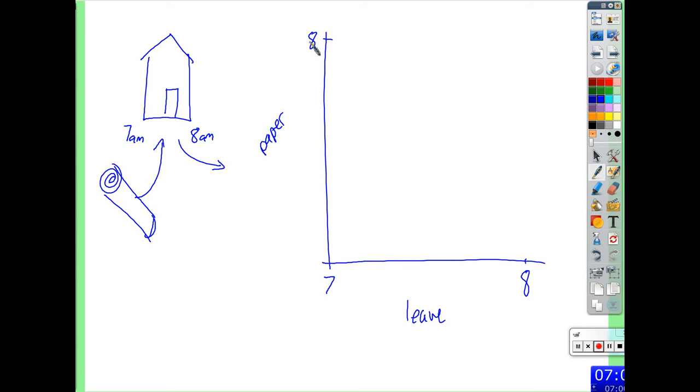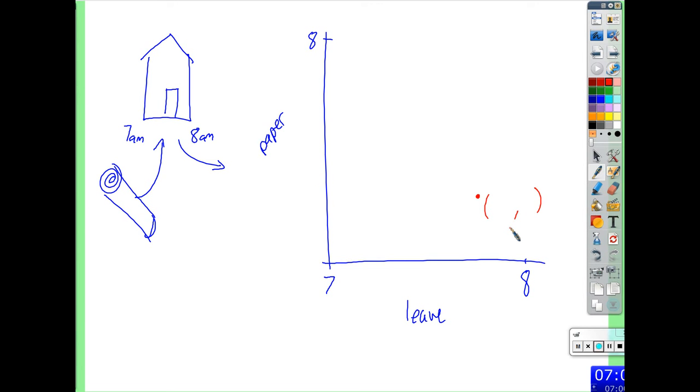So let's put a point on here, like right there. So what does that point represent? It represents something on this axis and something on this axis. Let's just estimate it.